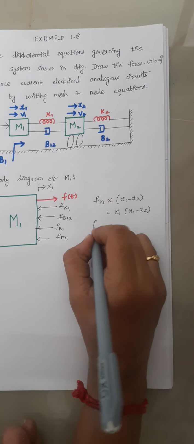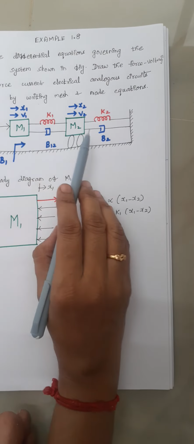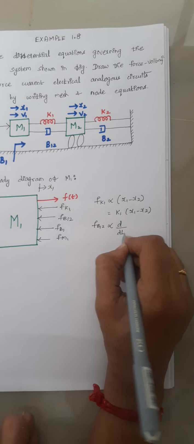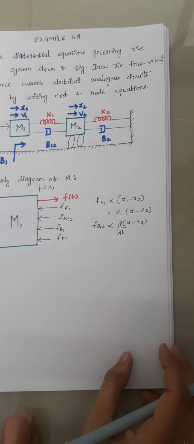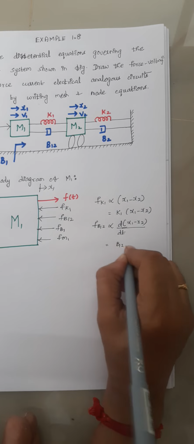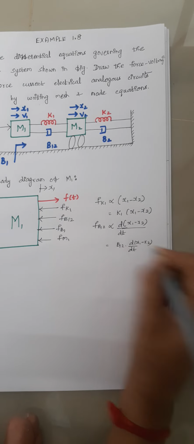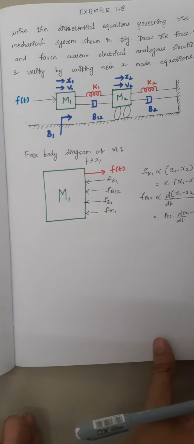The next one is Fb12, and again B12 is connected between M1 and M2. So we write the expression as d by dt of x1 minus x2, and with the proportionality constant this becomes B12 into d by dt of x1 minus x2. The third one is Fb1.